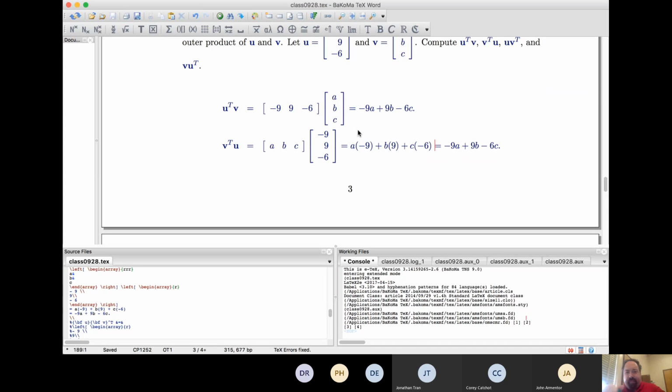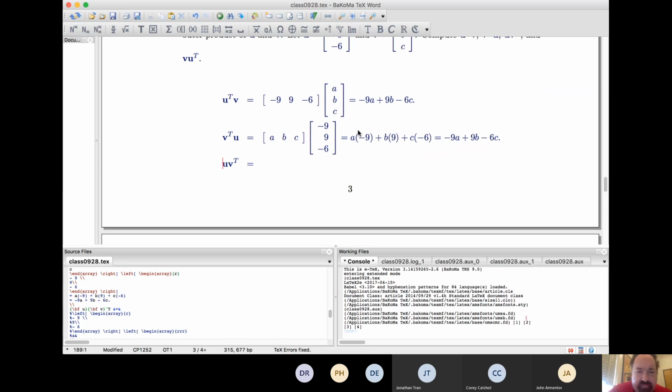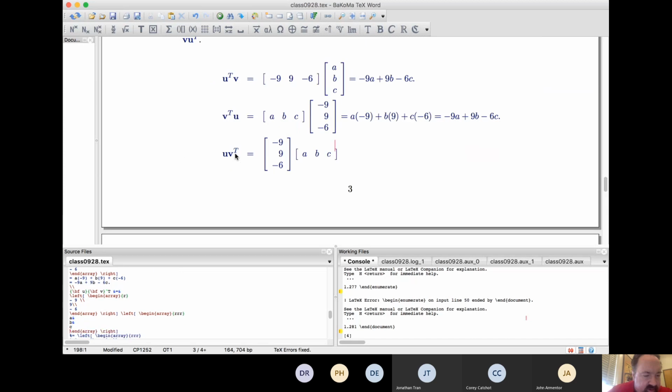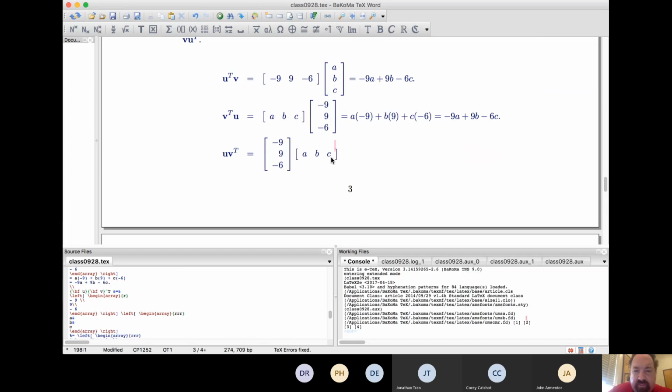But now, what about the opposite type of operation, an outer product? Now the first part of the product is a column vector, and the second part is a row vector. Here I just reverse the order of these things, and it's going to produce a very different result.